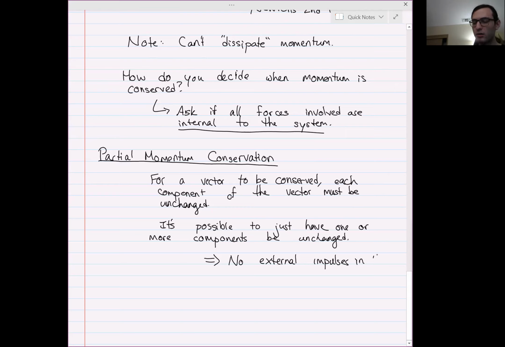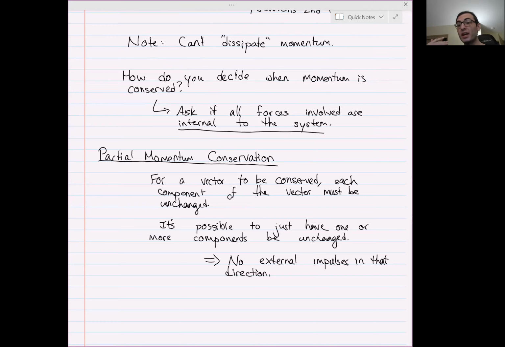What I mean is, say you have a momentum vector, and you're observing some system, maybe a ball flying through the air or something. You've noticed that when you calculate its momentum vector, one of the components doesn't change, and the other two do.